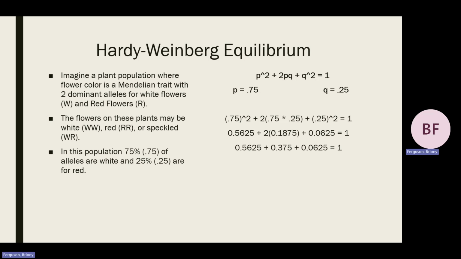If we use this example here, your p squared is going to be 0.5625 or 56.25%. To find p, all you have to do is square root that 0.5625, and you will end up with your p value. From there, you can figure out your q value and just start to plug and play.